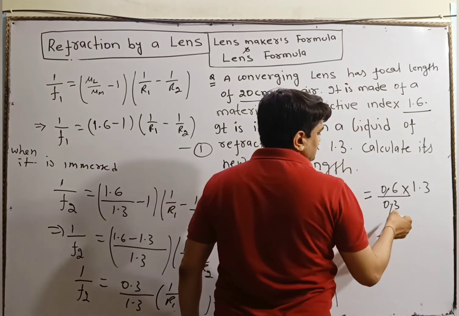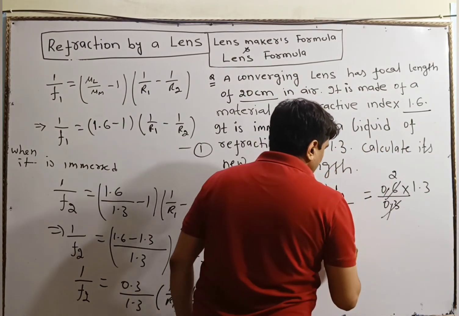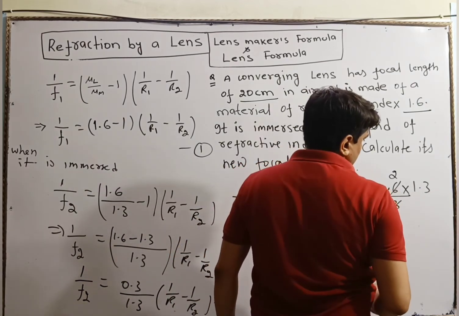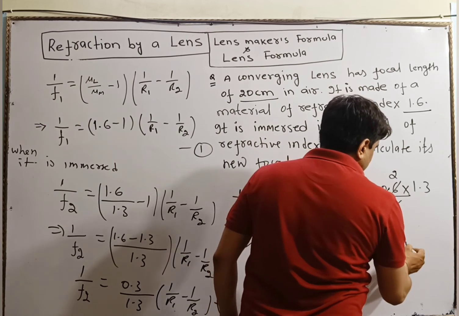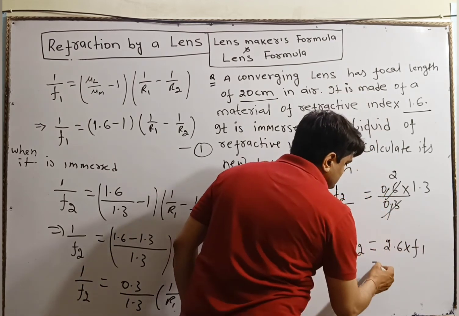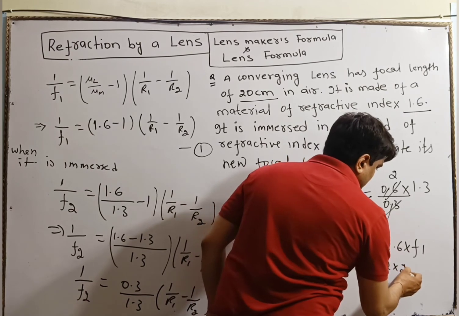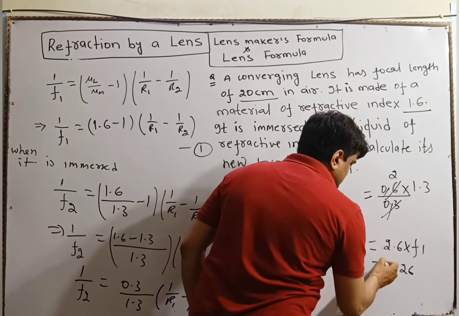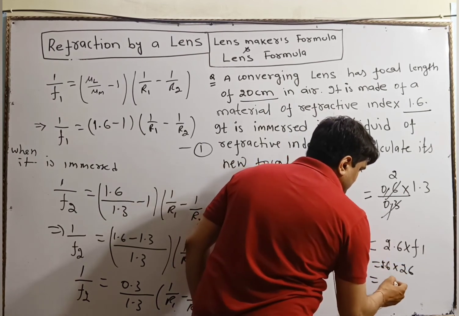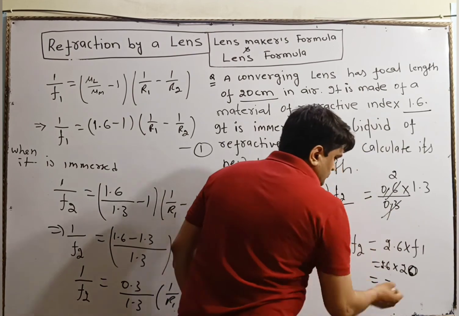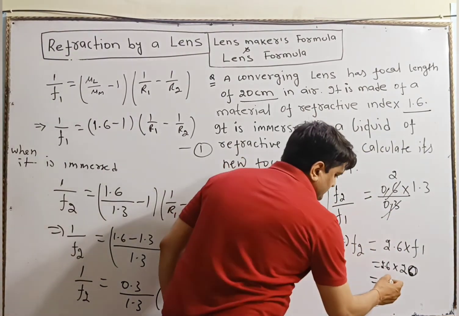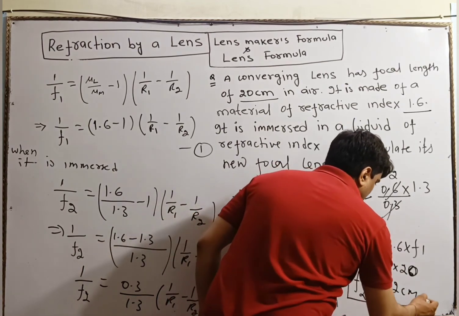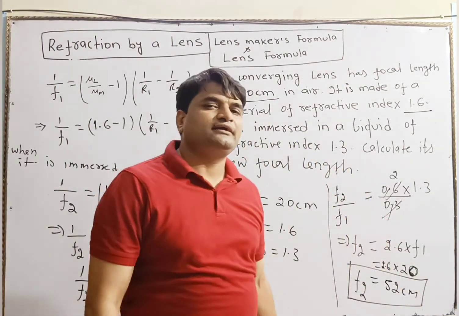We can remove the decimal, it will be 2.6. So F2 will be 2.6 times F1, and F1 is 20 centimeter. So 20 times 2.6 is 40 and 12, it becomes 52 centimeter. So the new focal length will be 52 centimeter. Okay, that's a simple question.